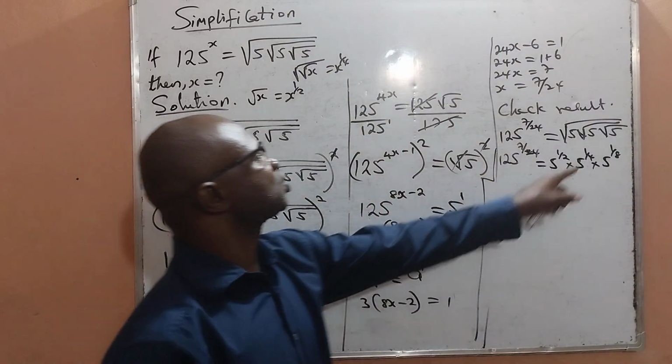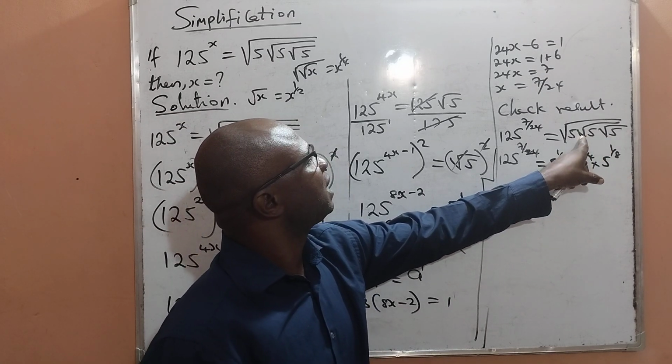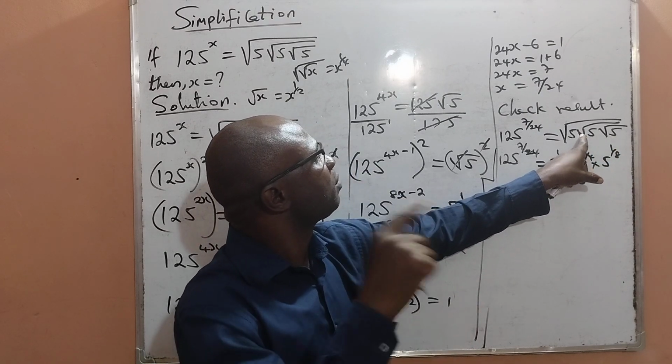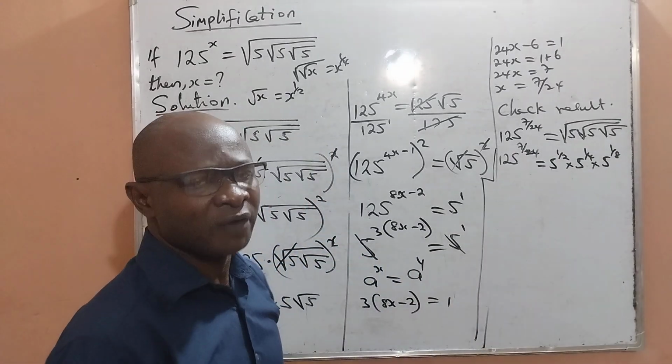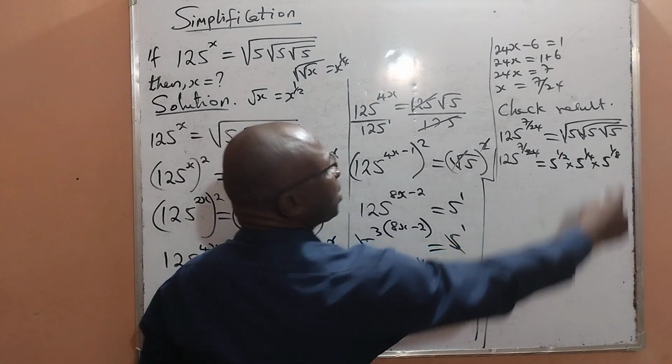Very correct, because the half multiplied by another half multiplied by the third half will give us 5 raised to the power 1 all over 2 times 2 times 2. That is 5 raised to the power 1 over 8 for this one.